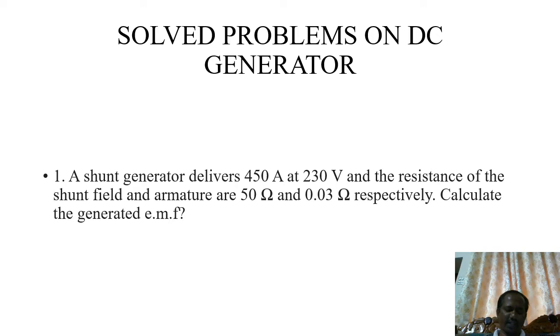Let us say the problem is given: a shunt generator delivers 450 ampere at 230 volt, and the resistances of the shunt field and armature are 50 ohms and 0.03 ohms respectively. Calculate the generated EMF.